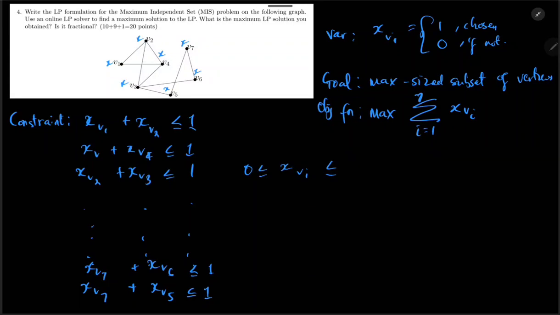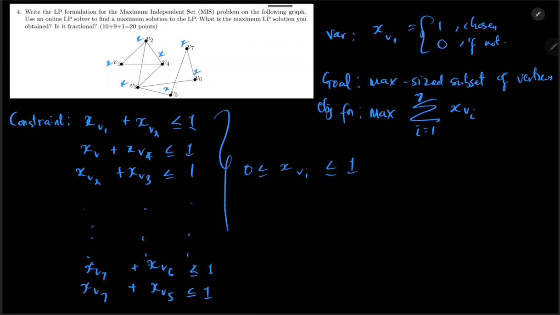But some questions would ask you to solve it as an integer problem. For questions that ask you to solve as integer problems, you do not have to relax it. So when we relax this, x is between 0 and 1.